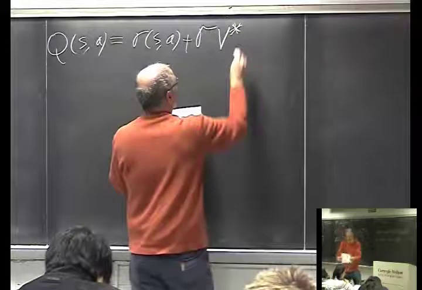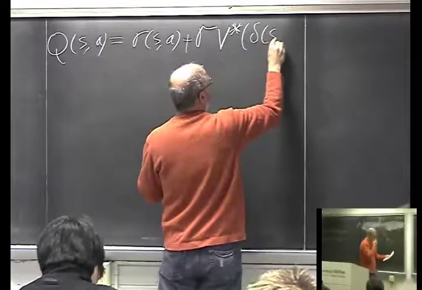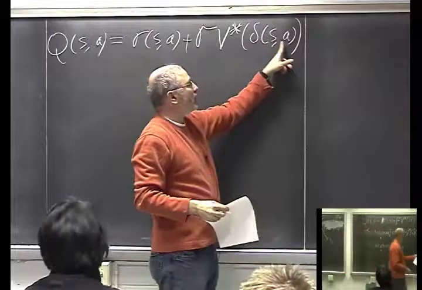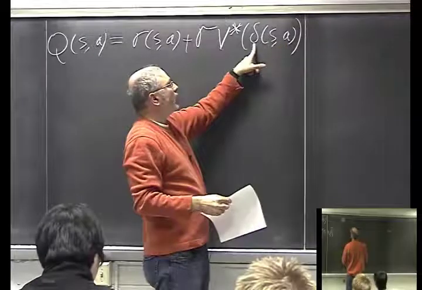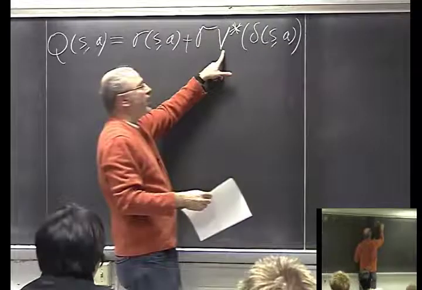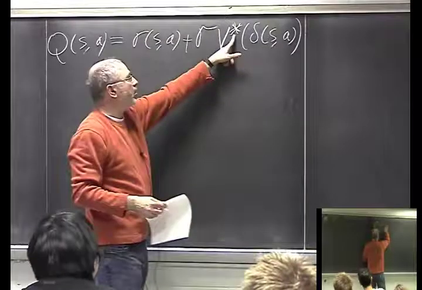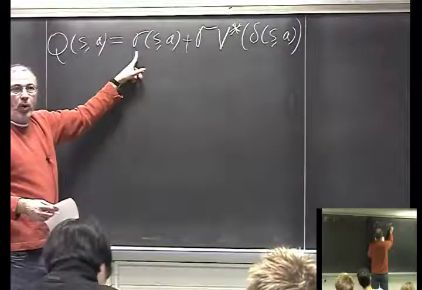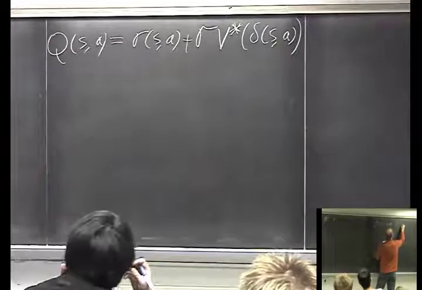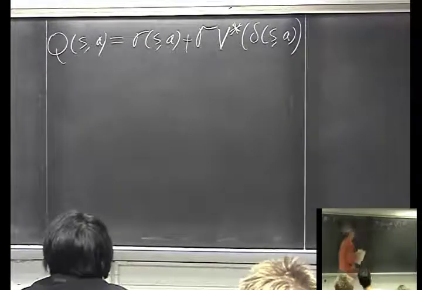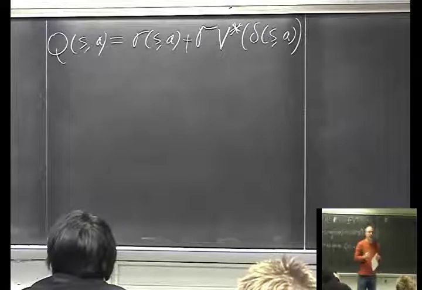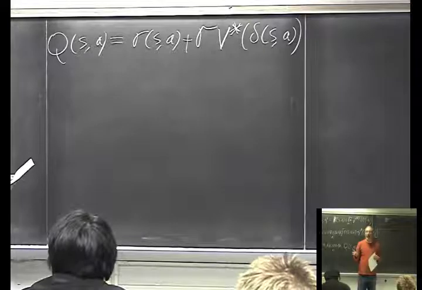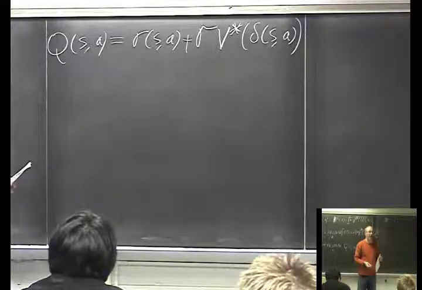And now I'll give you a relationship between V and Q. V star of any state S can be written as the maximum over all possible actions A prime of Q star. The value of a state is the maximum value of any action you can take from that state.